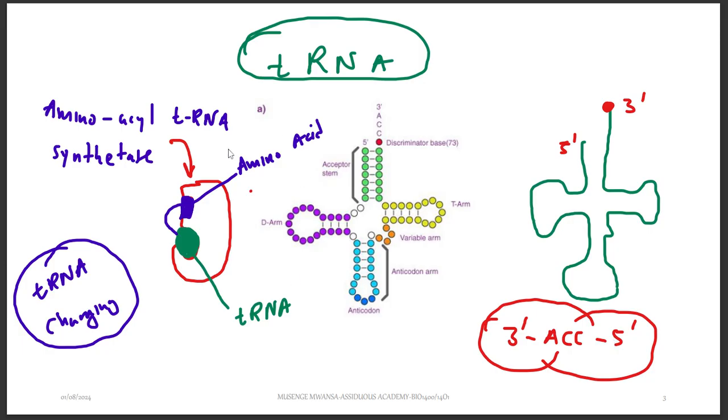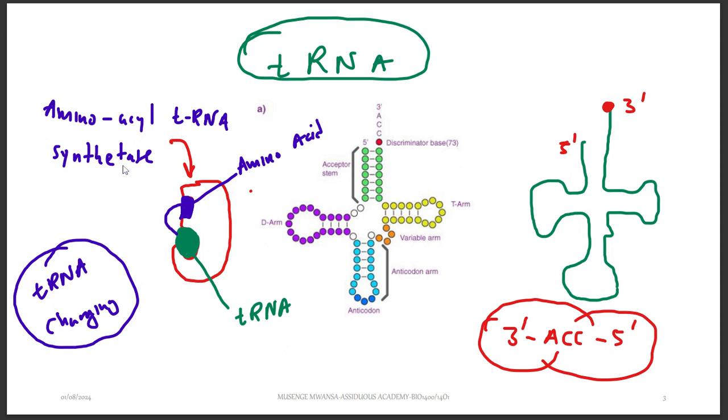For you to attach an amino acid to tRNA, that is known as tRNA charging, and you need an enzyme to do that. The name of the enzyme is amino acid tRNA synthetase.